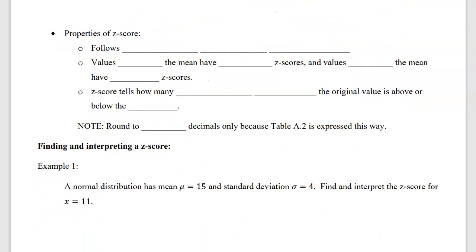Now let's look at those properties of the z-score. It follows the standard normal distribution, and it is that standard normal. So if something is not normal, then we can't use z-scores. So if something is skewed or anything like that, we can't use these. Values below the mean have negative z-scores. Think about a number line. And values above the mean are going to have positive z-scores.